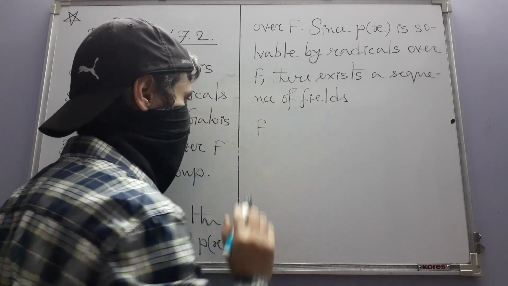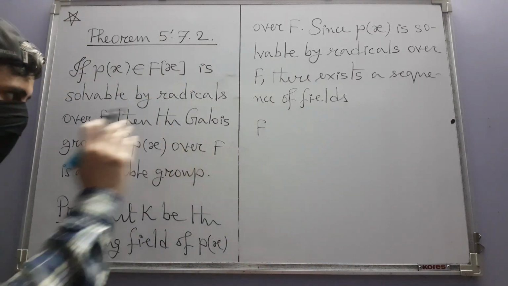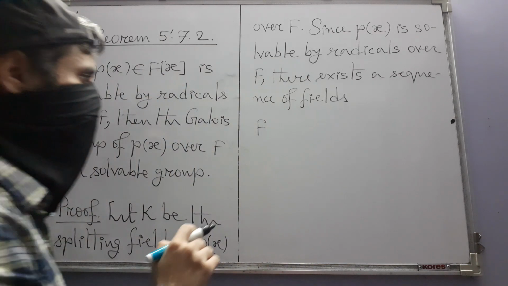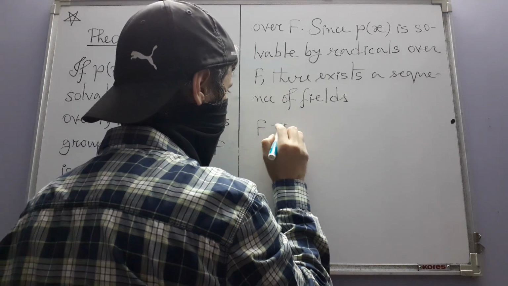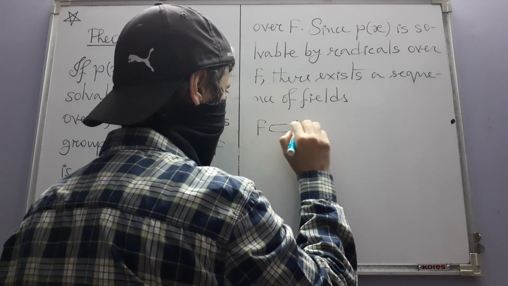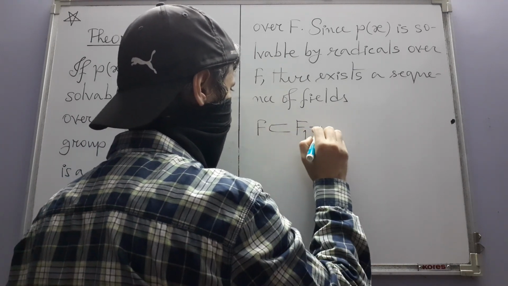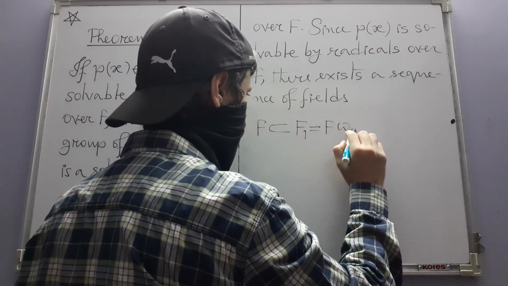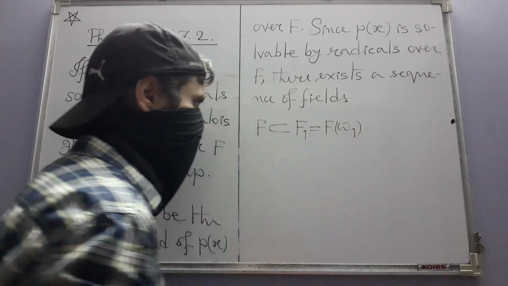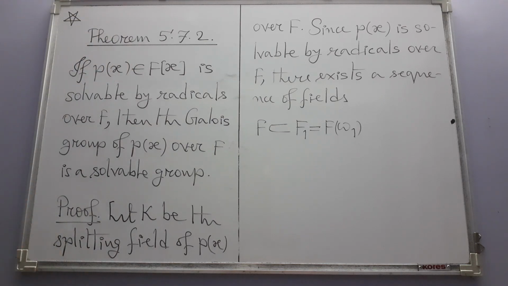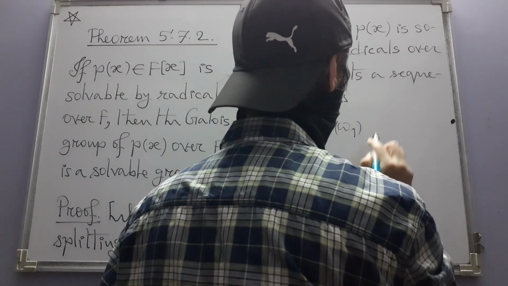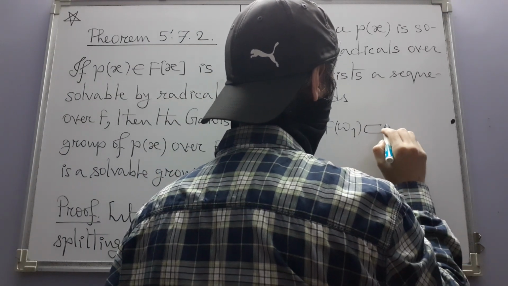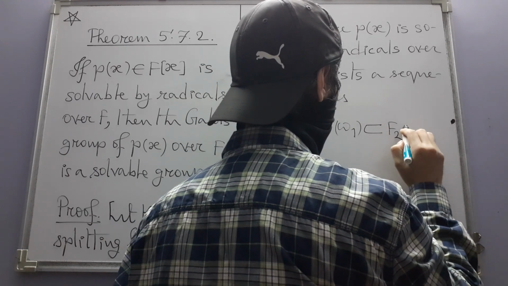The first term of that sequence is the original base field F, and then we obtain an extension of that by adjoining to F some element omega 1, and then we adjoin something to F1 to get another extension F2.